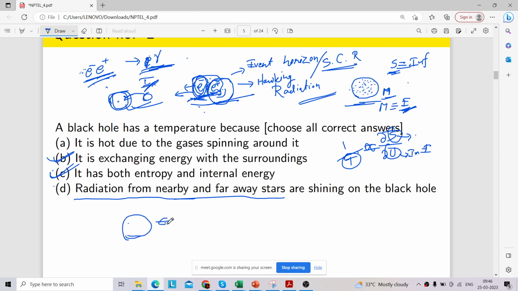So whatever it takes, it absorbs 100% efficiently. So it does not shine, it does not reflect anything. So this is not correct. So the right answers are these two: it is exchanging energy with the surroundings, and it has both entropy and internal energy. Right.